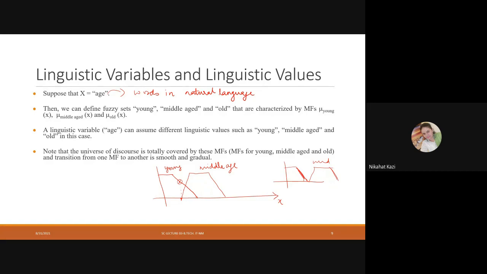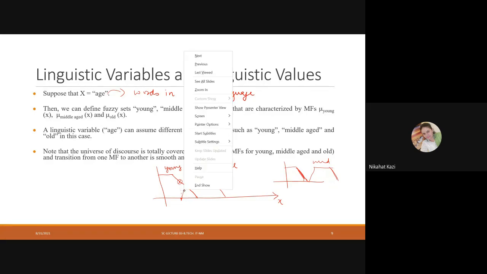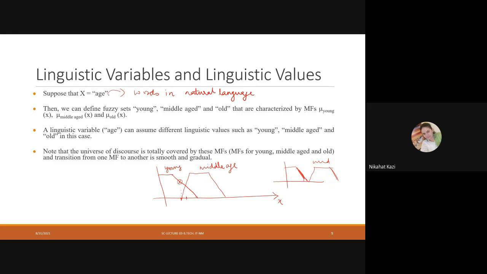Similarly, this particular data point has some membership in young and some in middle age. It is gradually having lesser and lesser membership in young, and the membership is increasing as we go towards middle age.